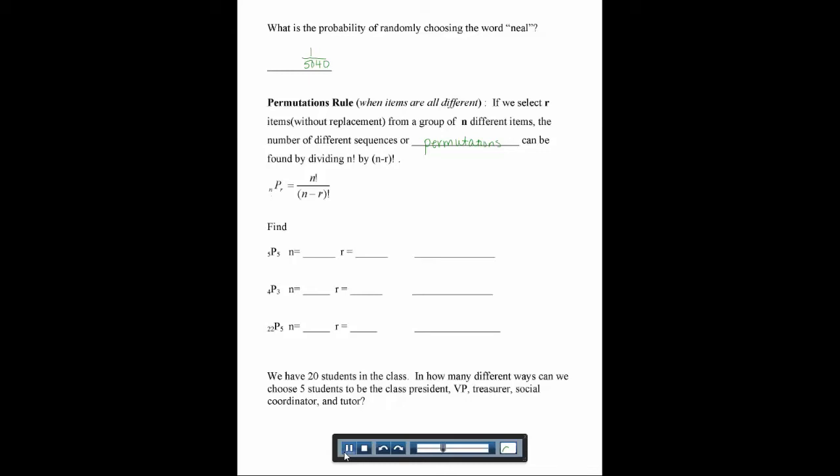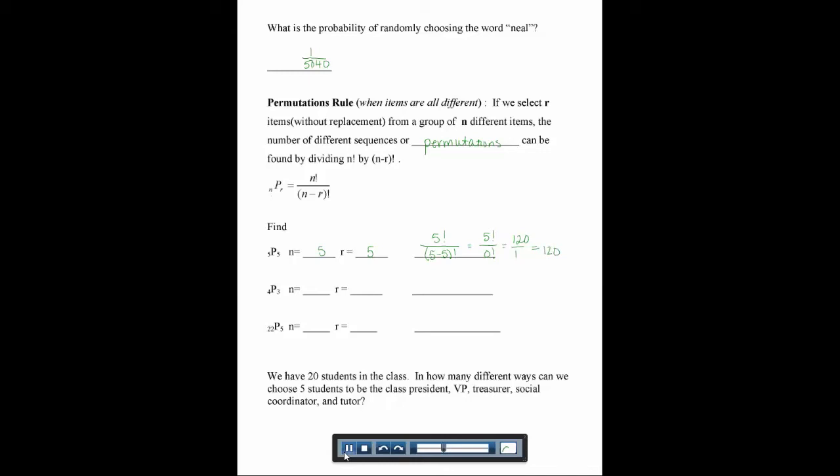So 5P5, our N is 5 and our R is 5. So we're taking 5 factorial divided by 5 minus 5 factorial. So this is the same as 5 factorial over 0 factorial. And remember, this is why 0 factorial is equal to 1. So this gives us 120 over 1, or 120.